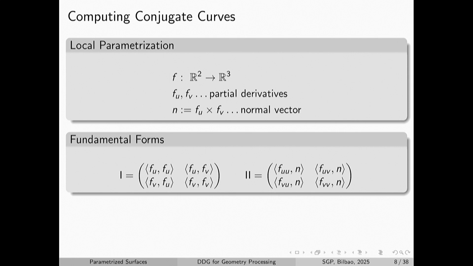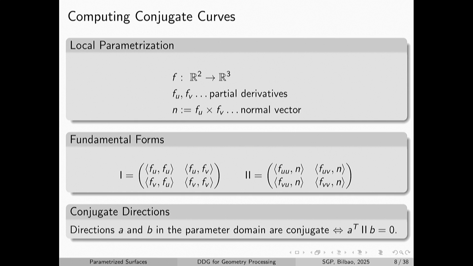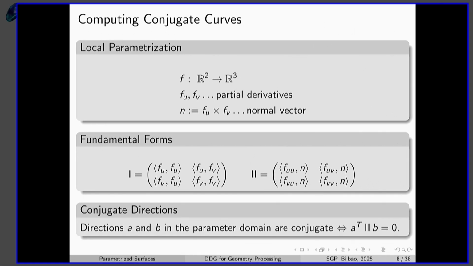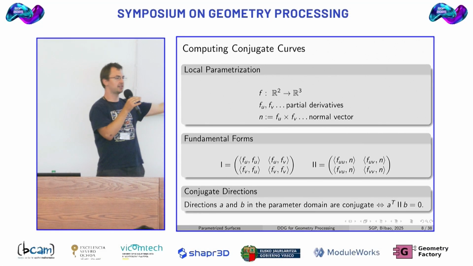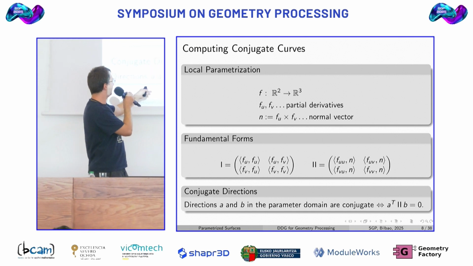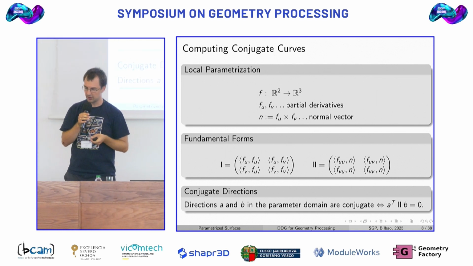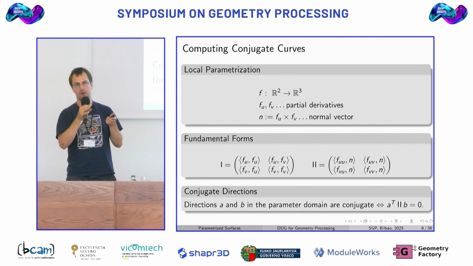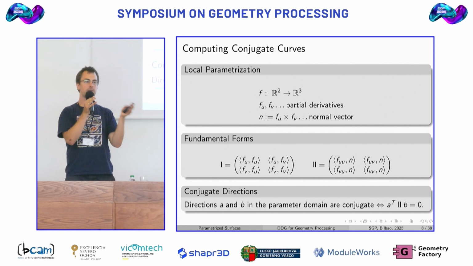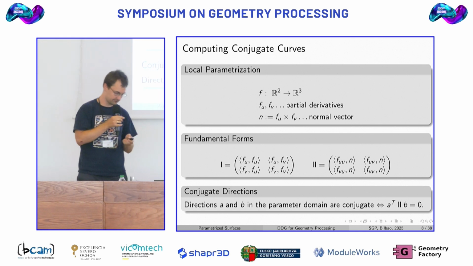So some matrices, first fundamental form and second fundamental form, and then you can characterize conjugate directions by the fact that they are orthogonal to each other with respect to the second fundamental form. Okay, so this is just something you can compute, where here A and B are the vectors in the parameter domain. So for any given direction, you can find the corresponding conjugate direction.